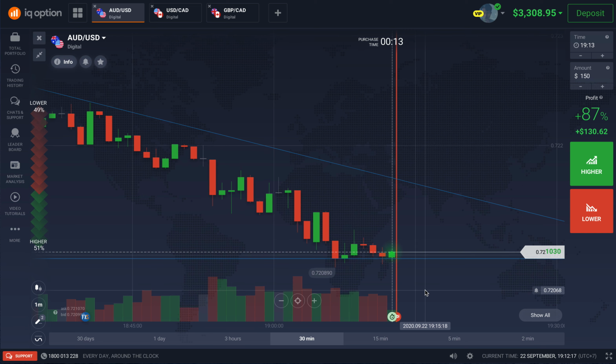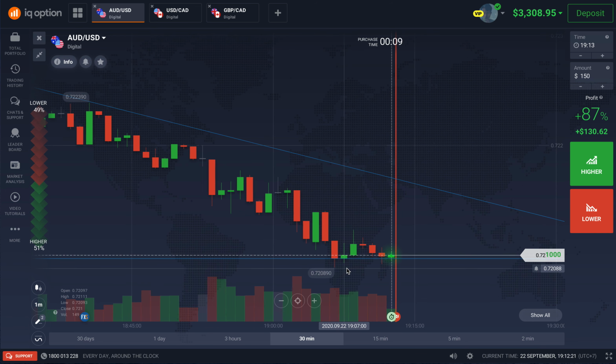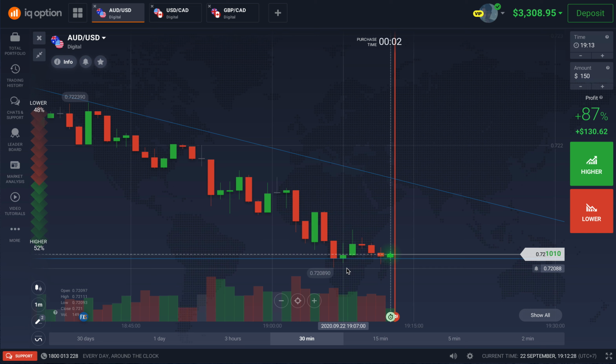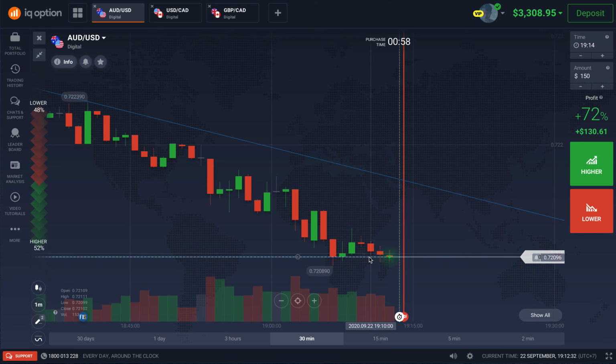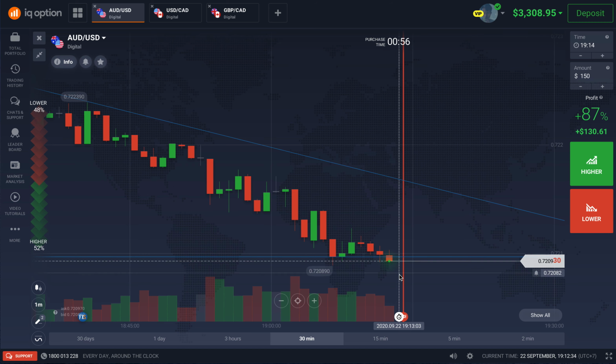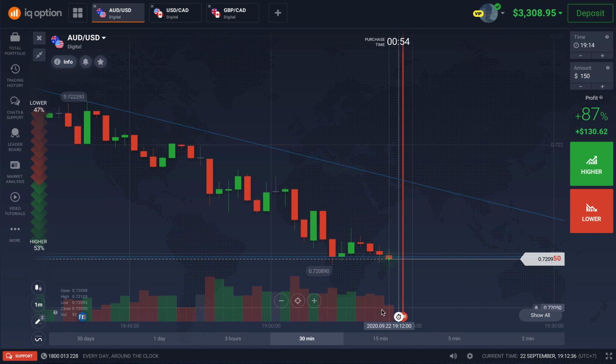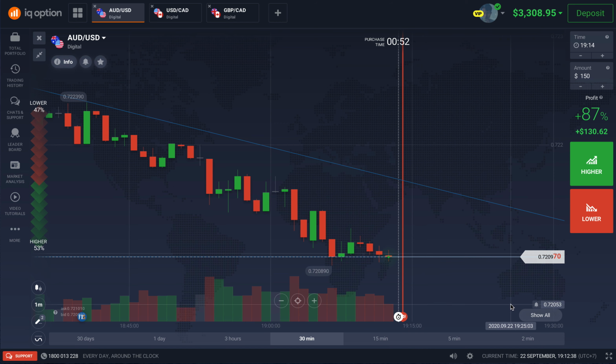So I'm not going to take any trade around this, because when the price reaches a specific support or specific resistance level, there will always be a battle between buy and sell. So if this is going to break, they need a significant volume in order to go further.